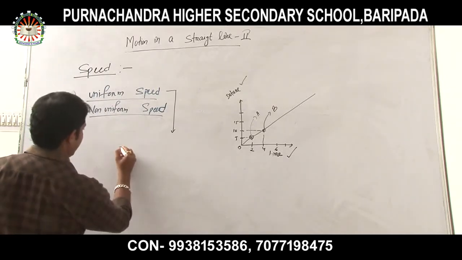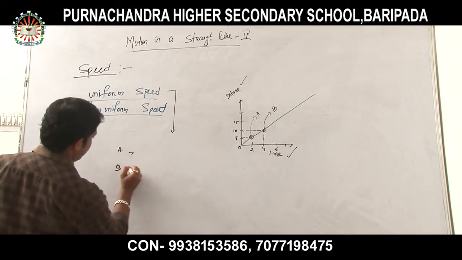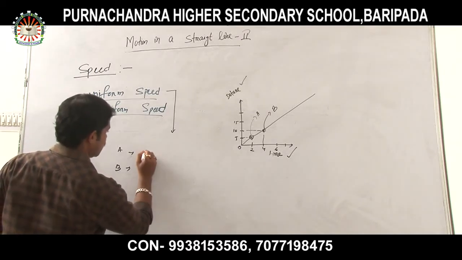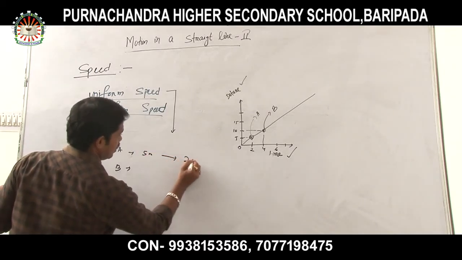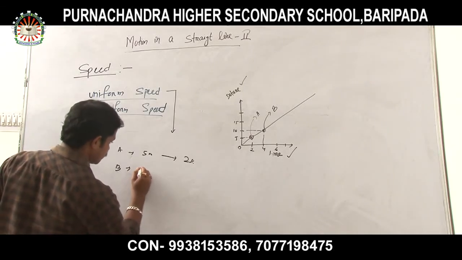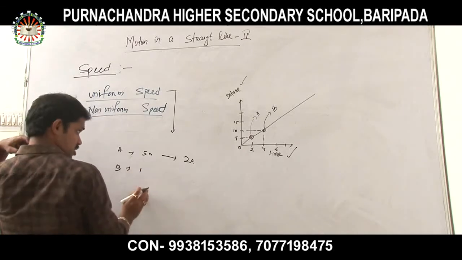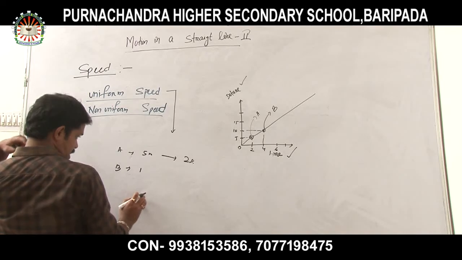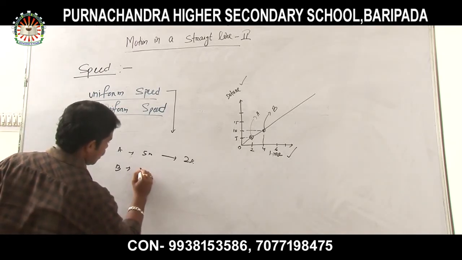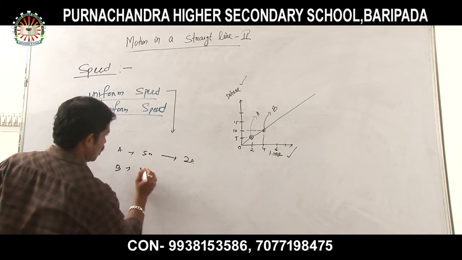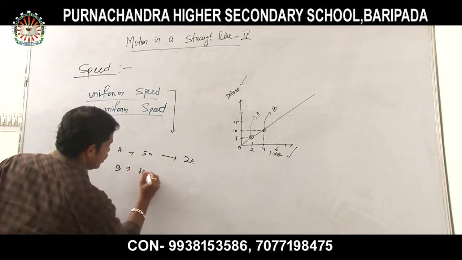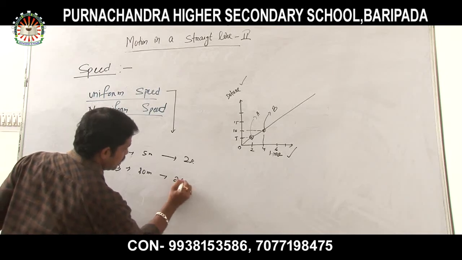Suppose object A, object B. They will cover unequal distance. So this is 5 meters in 2 seconds. Object B covers 10 meters in again 2 seconds.